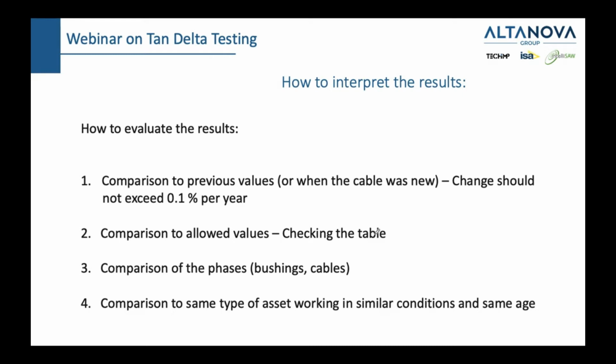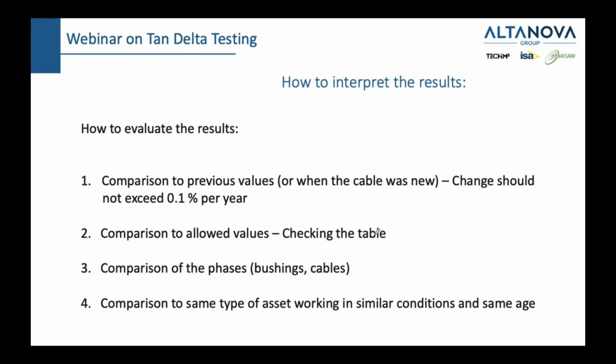Please discuss how ISA tan delta measure technique and results compare with Doble and Omicron technique. So the results are comparable. Actually, they are the same. I had an experience. I measured in few laboratories with our device TDX and with Doble device M4100, and we got the same results.